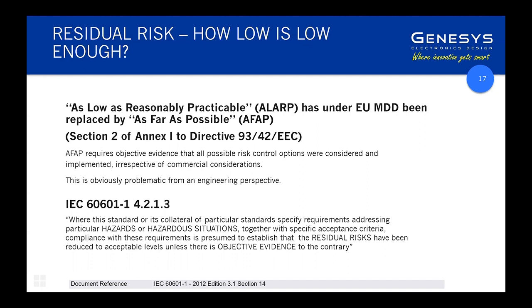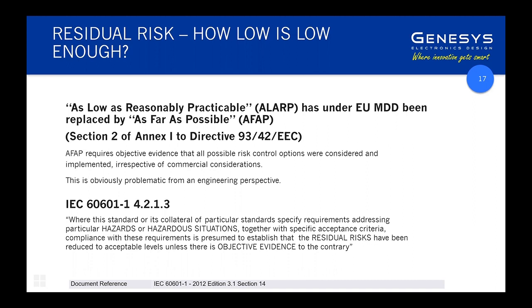So what that means, if a hazard is addressed within 60601-1, for example, electrical hazards, if you comply with the standard and with its risk specific criteria, in other words, it says you must achieve certain levels of insulation and isolation. If you do that and prove that you've done so by 60601-1 report, then you are deemed to have reduced risk to an acceptably low level.